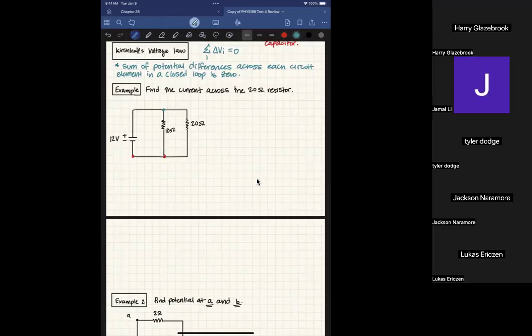So what you want to do, step number 1, is you always want to choose the direction of your current. Here's kind of the funny thing about it. You can choose any direction you want. What will happen if you choose the wrong direction?